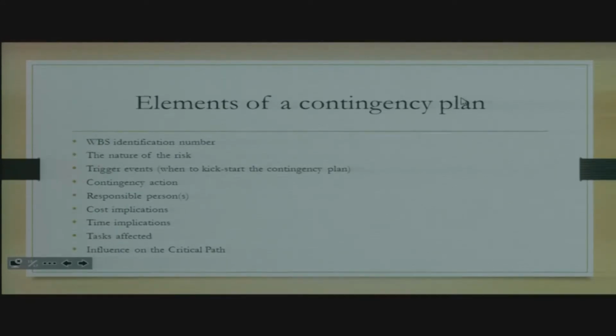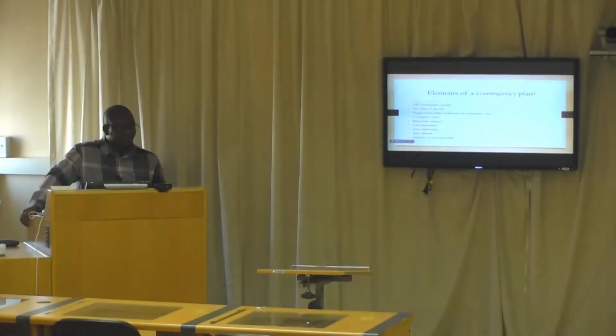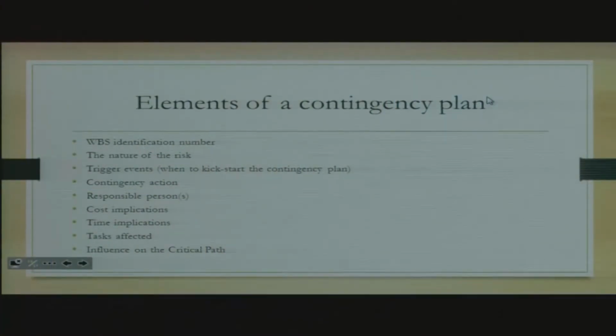So a contingency plan needs to have these elements. Number 1, WBS identification number. Remember, the WBS identification number tells us which activity you are associating that risk to. And then you need to mention the nature of the risk, as to what risk you're foreseeing. Number 3, the trigger events, very important. When to kickstart the contingency plan, you need to have that event in place.